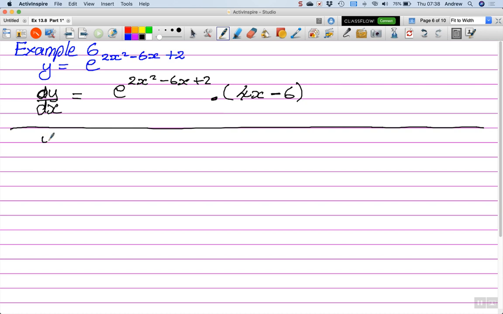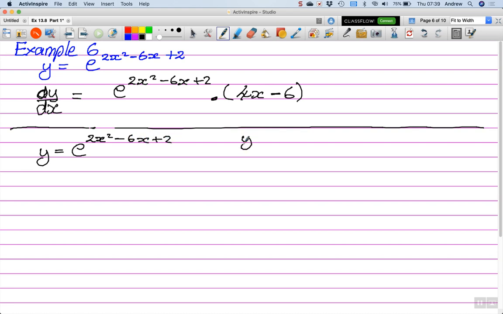You've got y is equal to e to the 2x. I didn't really leave myself much room there, did I? Let's do that again, with a little bit more space. y is equal to e to the 2x squared minus 6x plus 2.